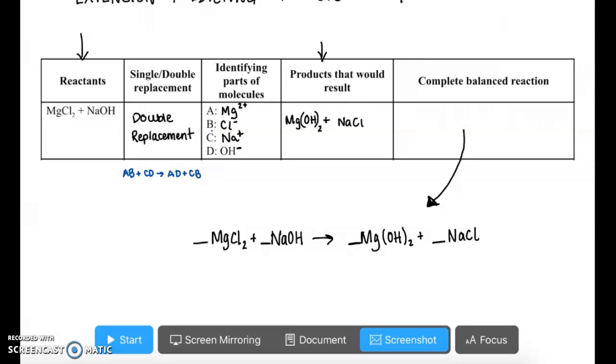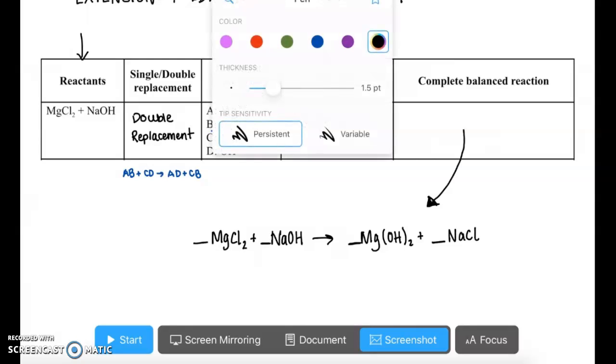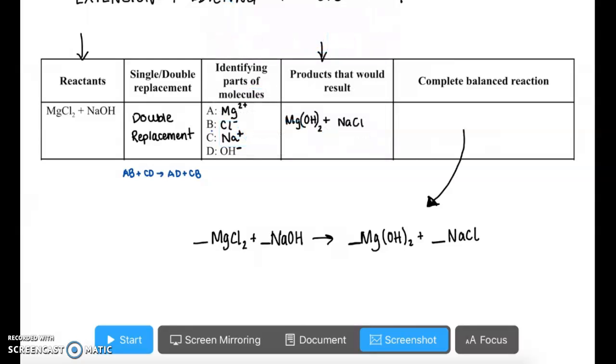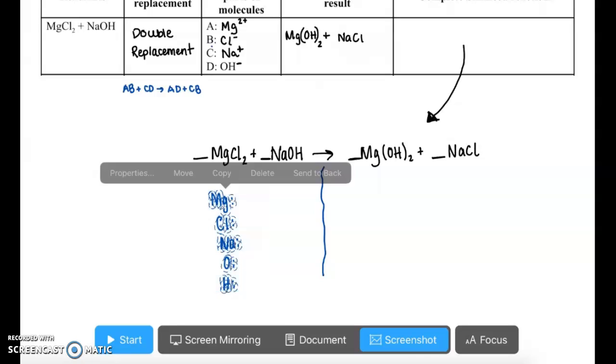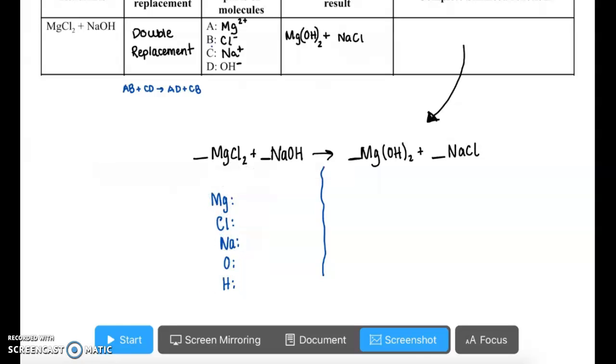So I'm going to leave some blanks there to remind me that's where I'm going to change, if I need to. I always come back to my atom inventory. That's how I start every balancing equation. And I'll list them in the same order over here in my products.